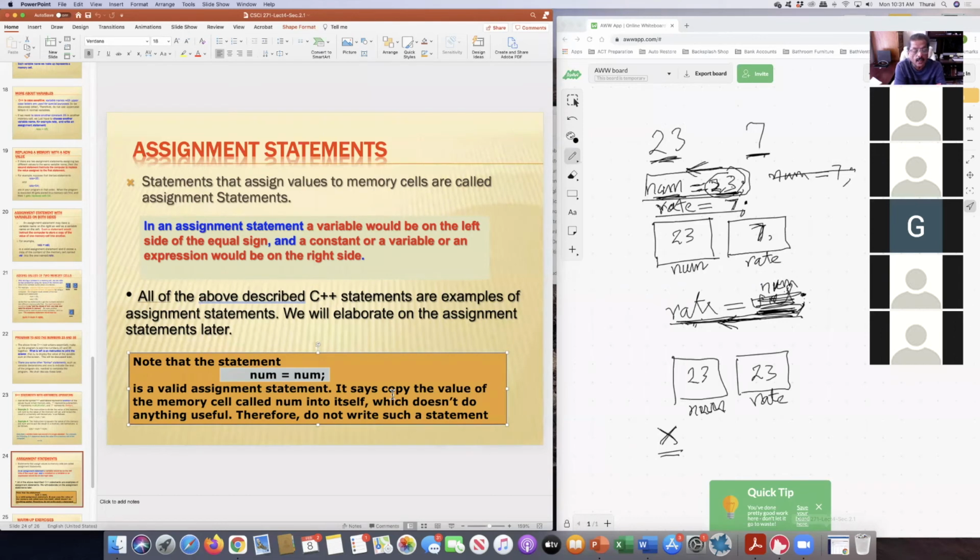But believe it or not, some of you will be writing it in the homework. I'll point it out when you do it. It's a crazy idea, but some students tend to write it in the program. That's why I'm explaining. You never need this statement anywhere, so don't write it.